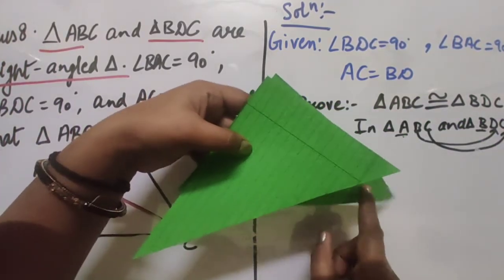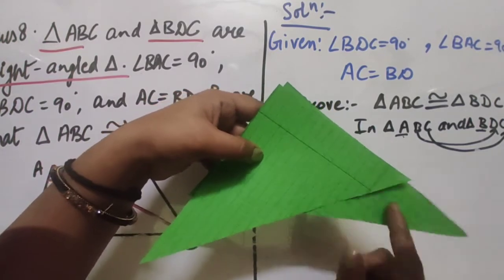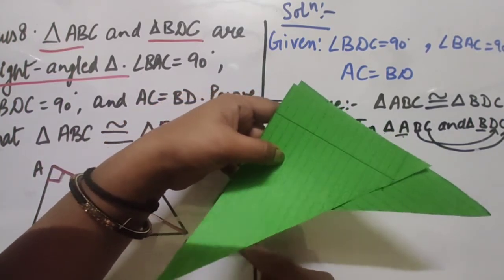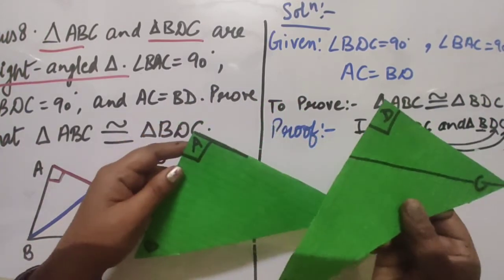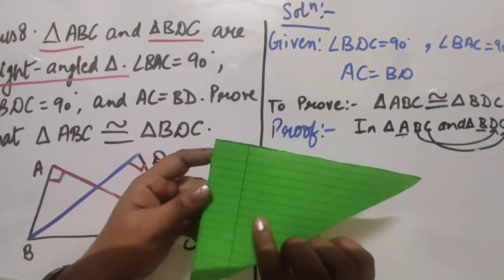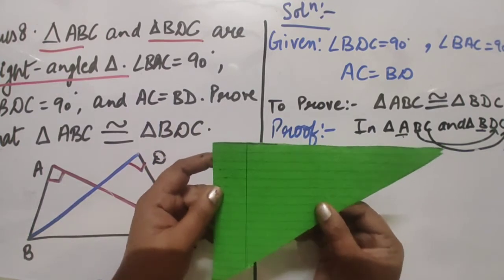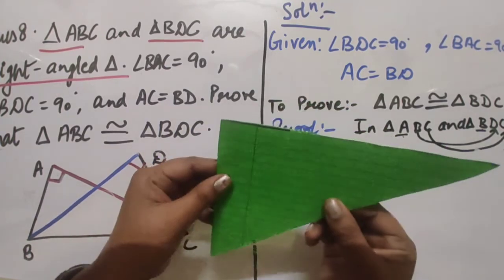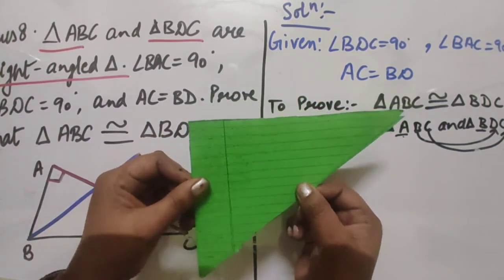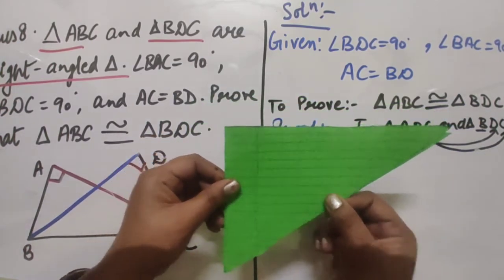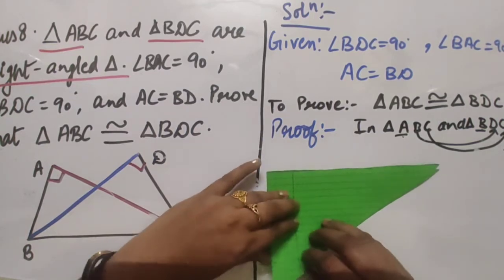You can see this triangle is moving out and this triangle is moving out from here. So what I have done, I have taken the other triangle, flipped it, and then tried. Now I can see it is completely fitting into each other, right?